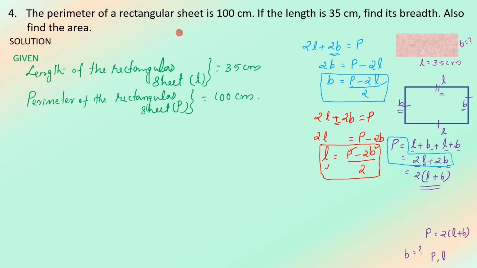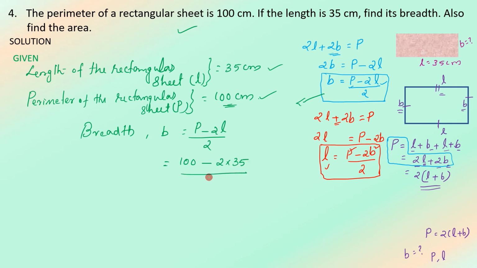Now I am going to solve this question using this formula. Here length equal to 35 cm, perimeter equal to 100 cm. Now we want to find the breadth. So breadth B equal to, what is the formula? P minus 2L divided by 2. That is equal to P, it is here 100. So 100 minus 2 into length is 35 divided by 2.